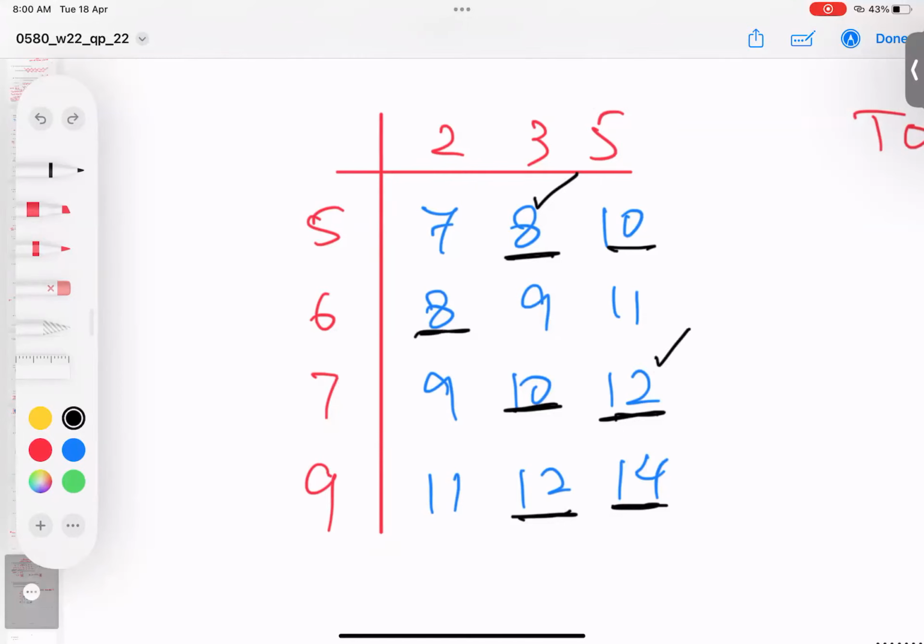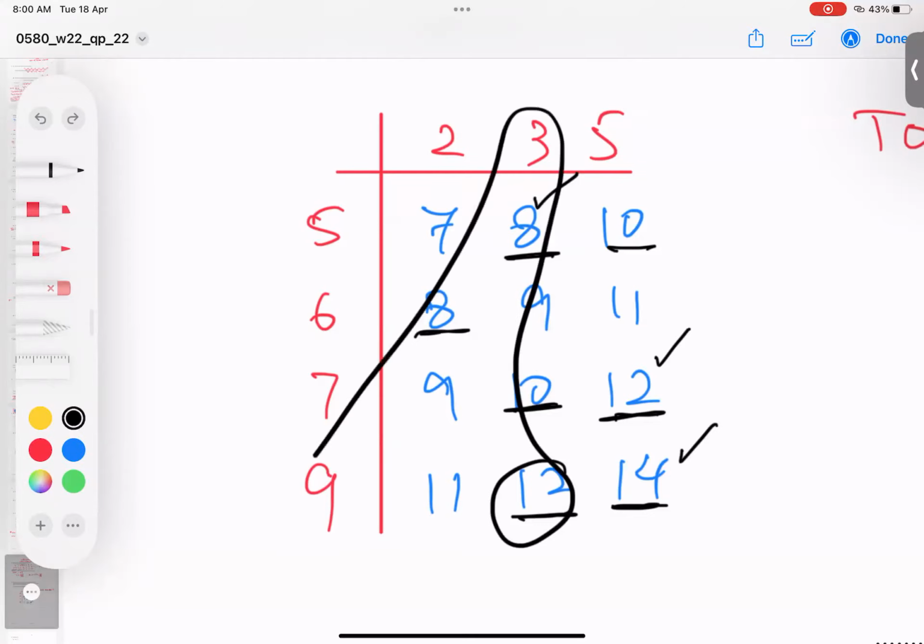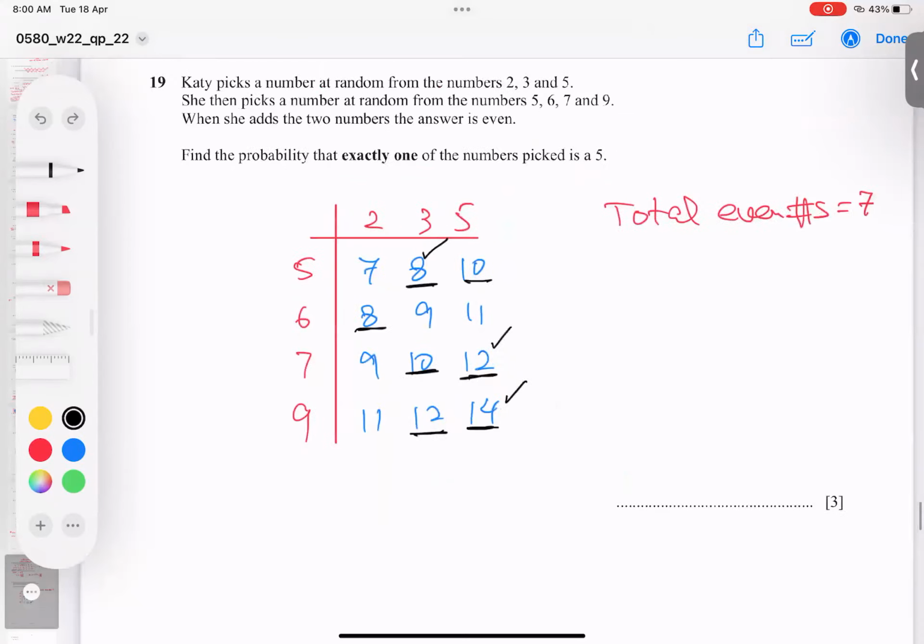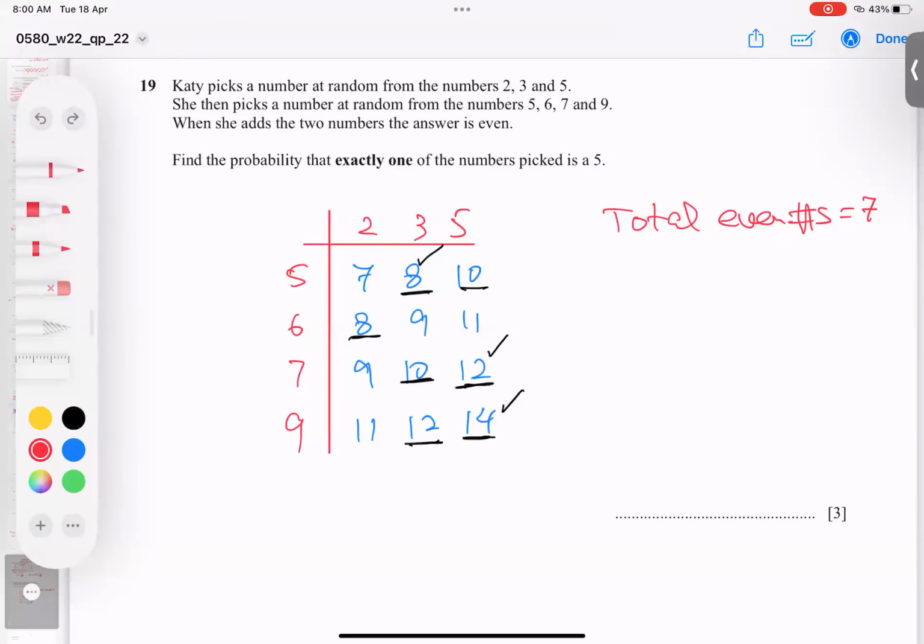And this is okay because 5 and 9 involved. And this is not okay because 3 and no 5 involved. So ultimately, the 5-involved numbers are 4. So the probability is 4 out of 7. And I believe the point is very, very clear.